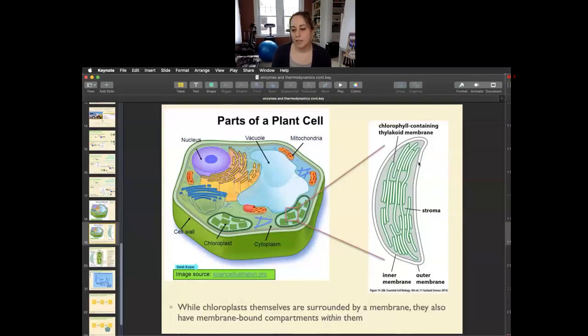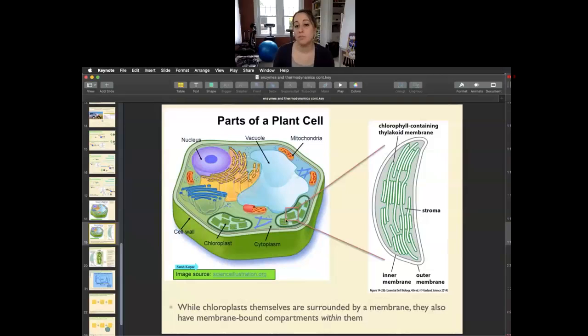And then there's the inner membrane, and inside of that is the chlorophyll-containing thylakoid membranes. So what we're seeing here is really just the double membrane around the outside, and then interior to that are these chlorophyll-containing membranes. In this image, it's not actually correct because we see the dark green outline of these chloroplasts, but really that shouldn't be dark green.